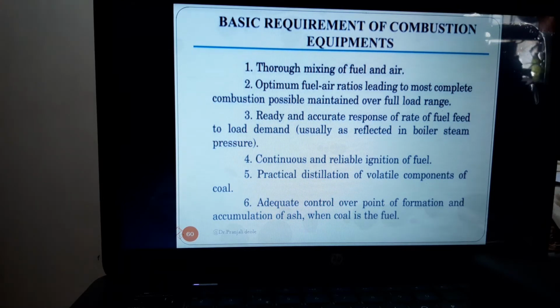So all these are the basic requirements of any combustion equipment.